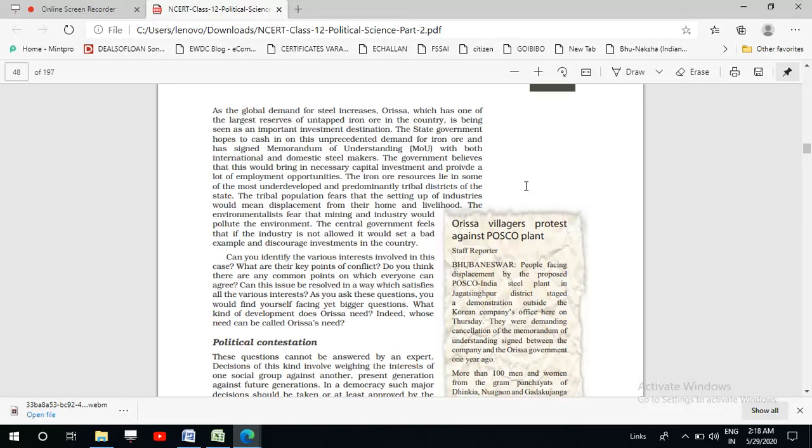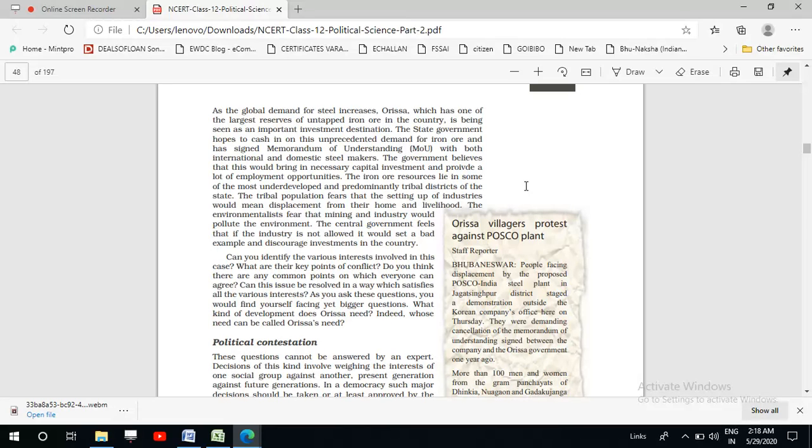It would set a bad example, and different companies, the MNCs, the multinational companies, which are operating in different countries, will be discouraged from making investment in India, because they will feel that in spite of signing the memorandum of understanding, the government has not allowed us to set up the factory because of the protest by the people.